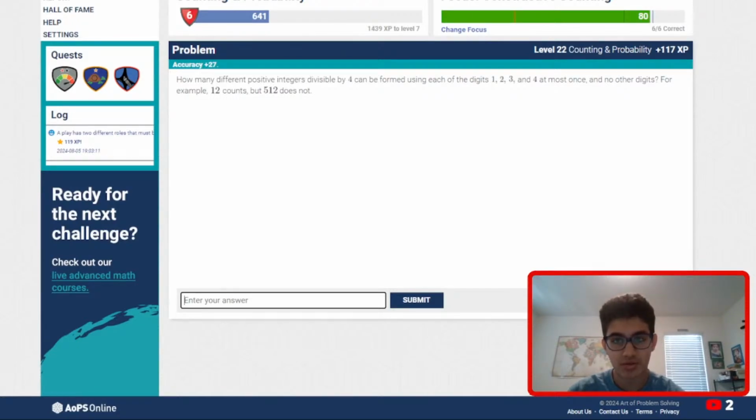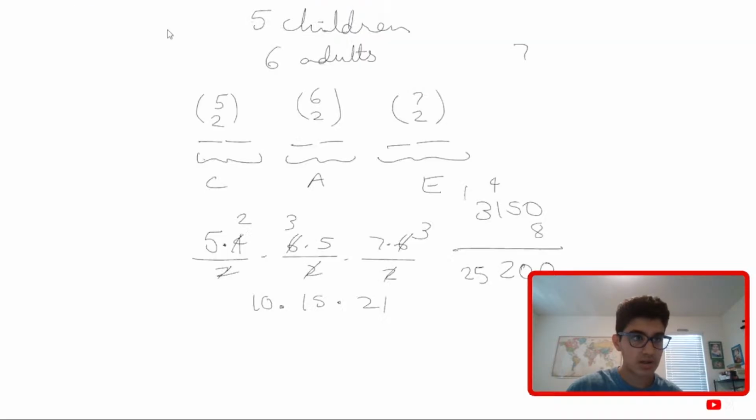There's a finite number of possibilities for that. You can have 12, you can have 24, you can have 32, and that's it. So for the last two digits, there are just three possibilities.